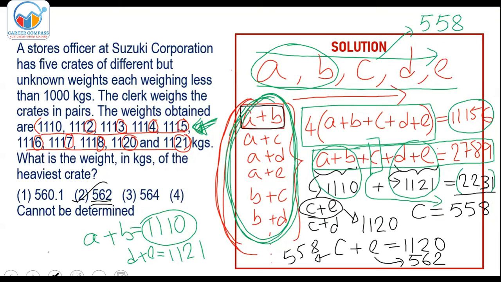Now understand what will be 1120. Given that 1120 is the second largest number, it should correspond to the second heaviest pair.